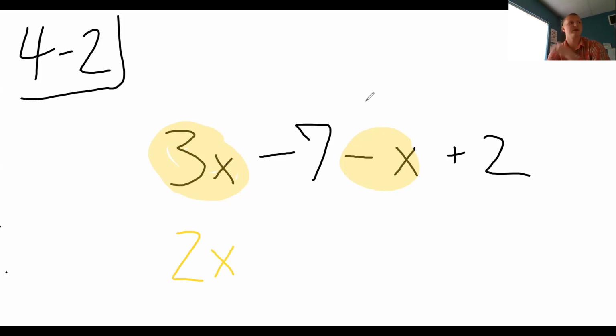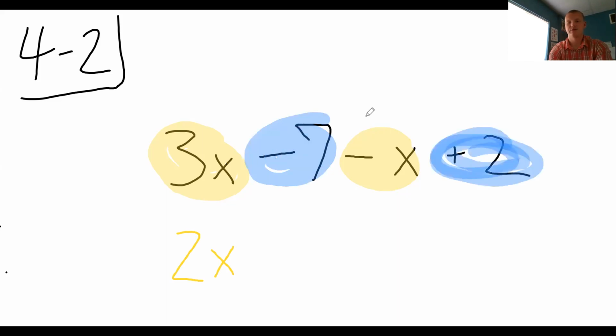When I combine those terms, it would be 2x because it is a subtraction problem, since there's a minus sign in front of that x. So when I do the other one, let's use blue, I combine the -7 and the +2.